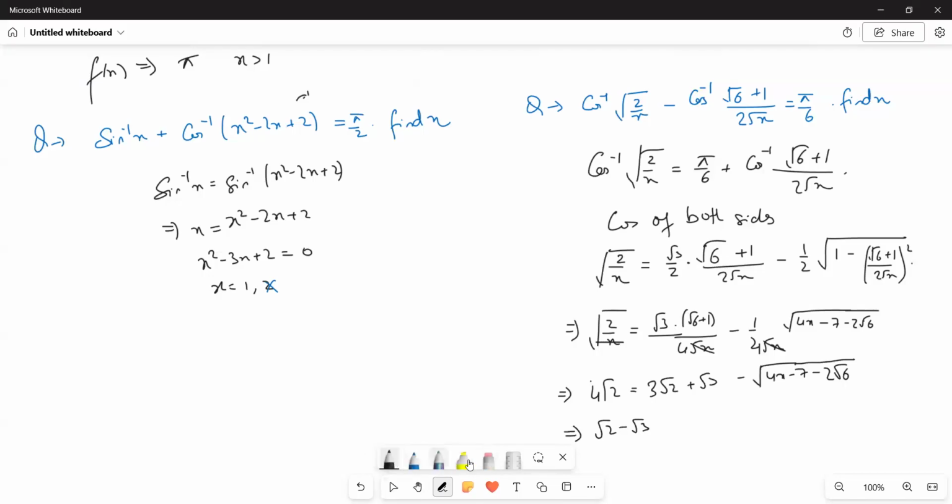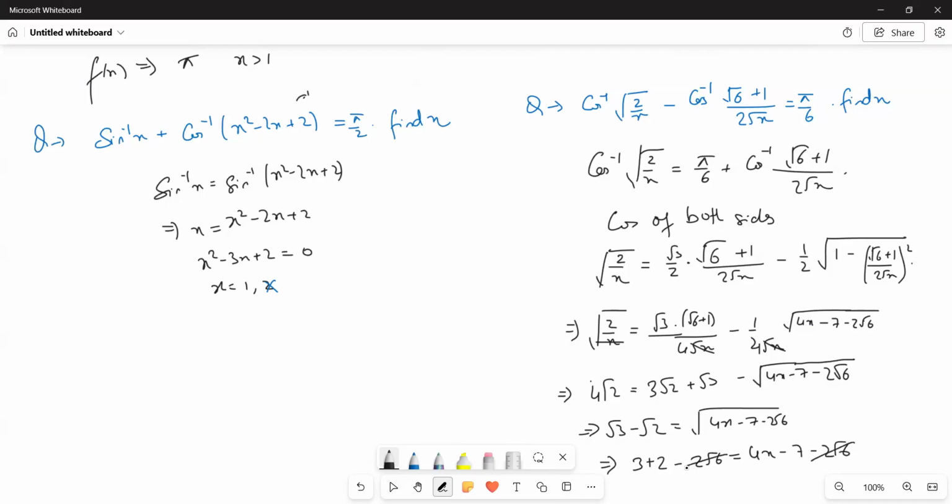If we adjust the negative, this will end up becoming root 3 minus root 2 is root over of 4x minus 7 minus 2 root 6. Square both the sides. So 3 plus 2 minus 2 root 6 is 4x minus 7 minus 2 root 6.